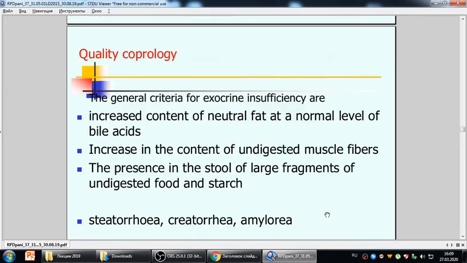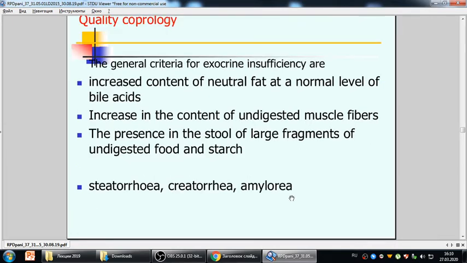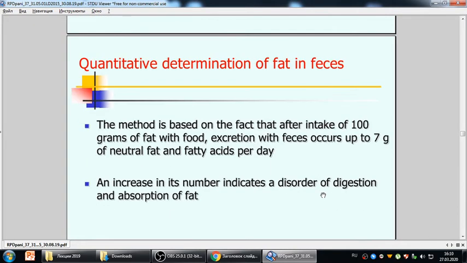Quality coprology can show us general criteria of exocrine insufficiency, and in quality coprology you'll see increased content of neutral fat at a normal level of bile acids, increasing content of undigested muscle fibers, and presence in stool of large fragments of undigested food and starch. It means steatorrhea, creatorrhea, and amylorrhea. You remember from other topics what these mean.